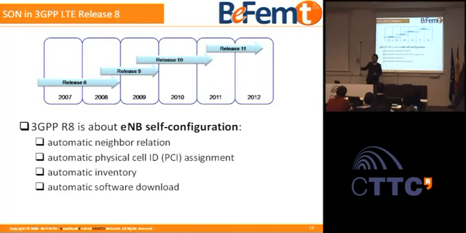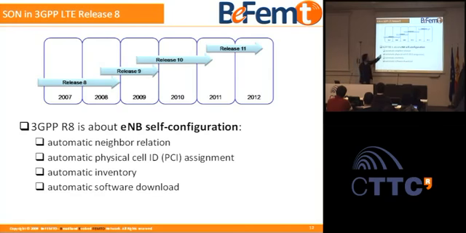You don't want to do that. Also, if one of your neighbors goes in outage, or you go in outage, meaning you have to be replaced or you're out, then you don't want to go to all the neighbors and say, okay, this one is out. So you have to keep this neighborhood table up to date without doing it manually. And how to do that has first been specified in Release 8.